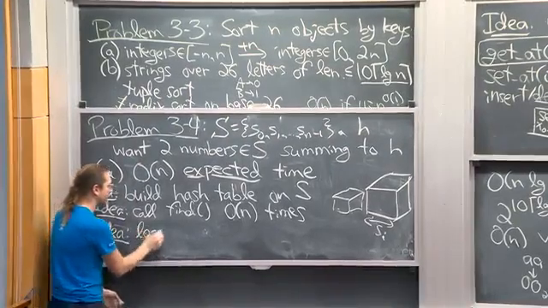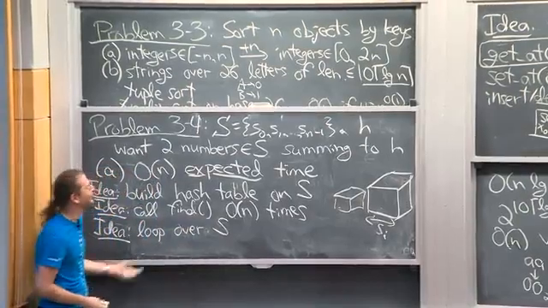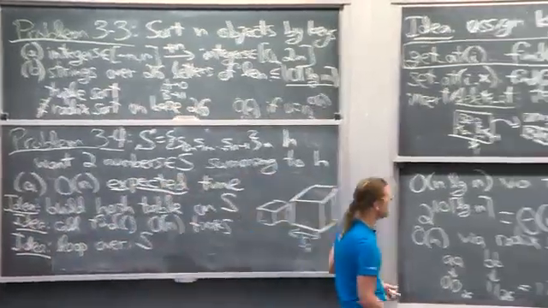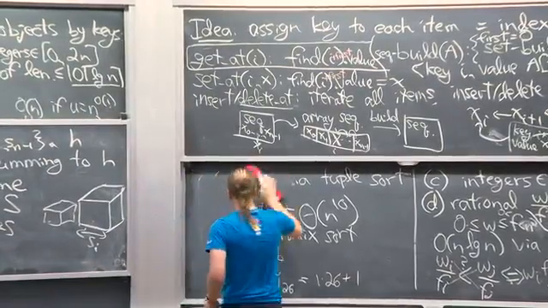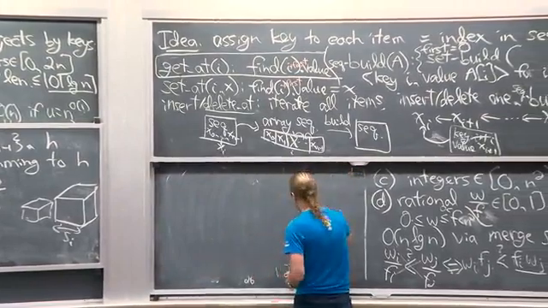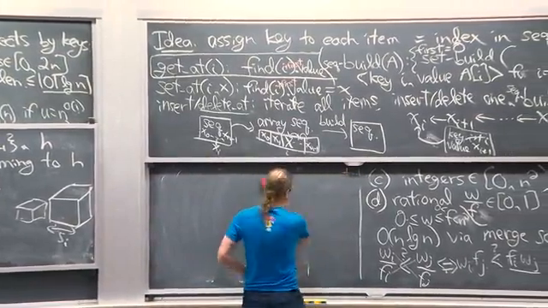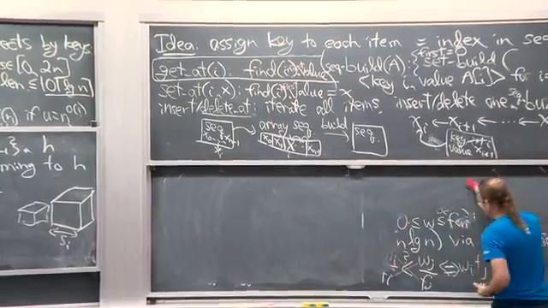Loop over S. And at this point, we're done, almost. So I want to loop over the numbers, and each one I want to do a find. That's kind of all I have time to do, so seems like a natural thing to try. This is by no means easy. Don't get me wrong.